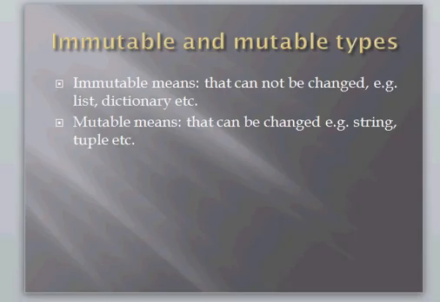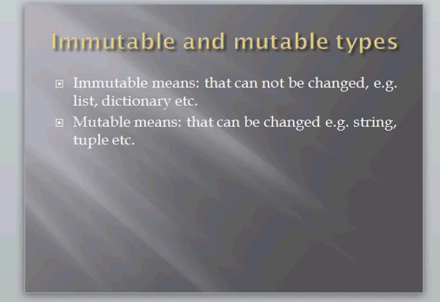Next topic that we will be seeing here, immutable and mutable types. In the English dictionary, immutable means that cannot be changed, and mutable means that can be changed. So we have seen various objects in class 11 computer science that were list, tuple, dictionary, string, etc. Out of these, some were immutable and some were mutable.